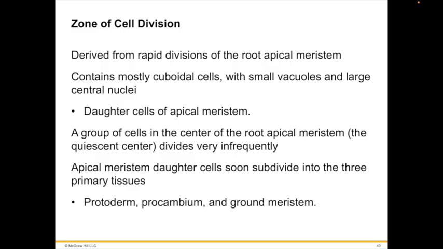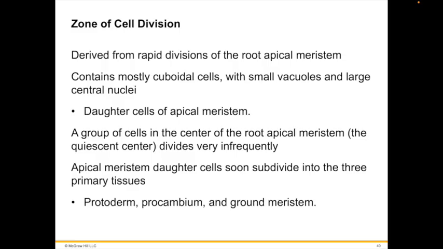The apical meristem is located in the center of the root tip, in the area protected by the root cap. Most of the activity in this zone of cell division takes place toward the edges of the meristem, where the cells divide every 12 to 37 hours, often coordinatedly, reaching a peak division once or twice a day. Most of the cells are essentially cuboidal, with small vacuoles and proportionally large centrally located nuclei.